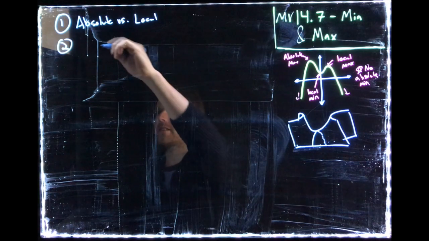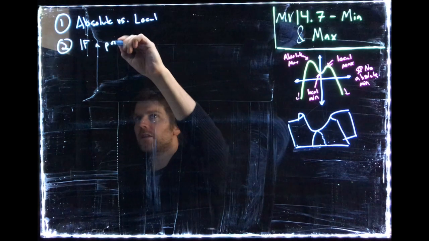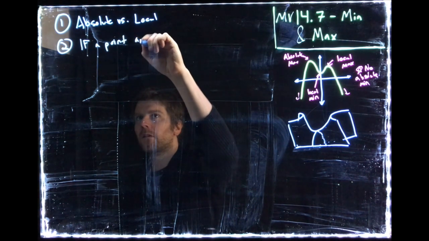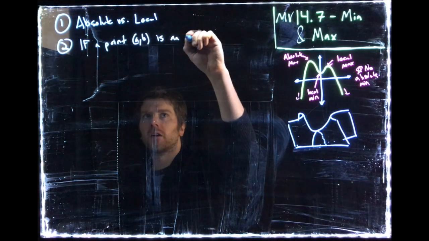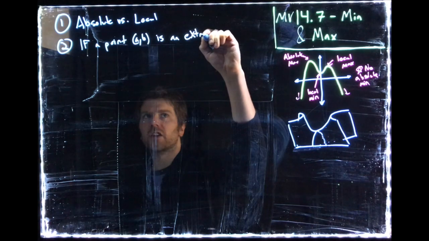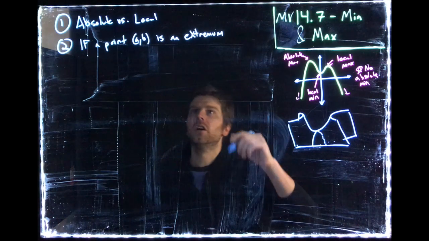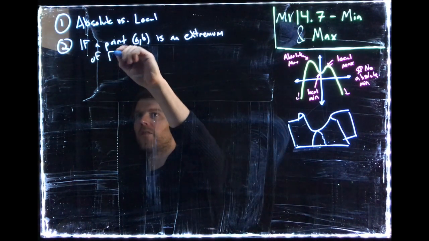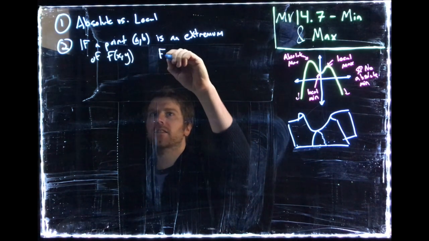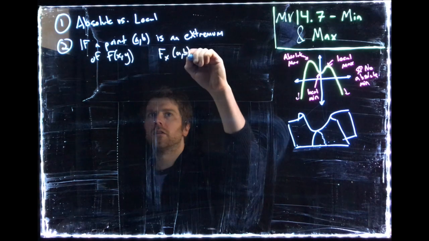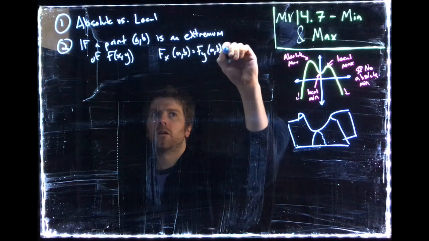So what we're going to say now is that if a point (a, b) is a max or a min, we'll say is an extremum, we're finding extrema of the function f of x, y, then it has to actually be the case that both fx and fy are equal to 0.